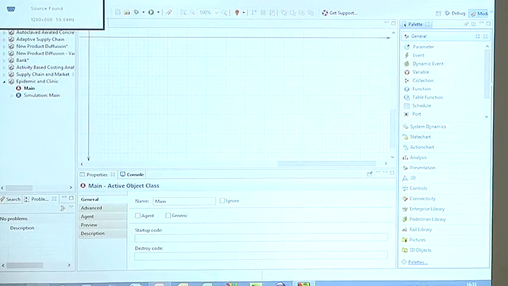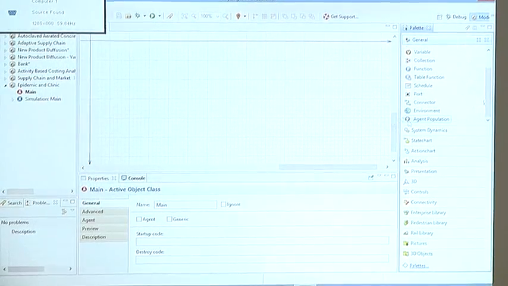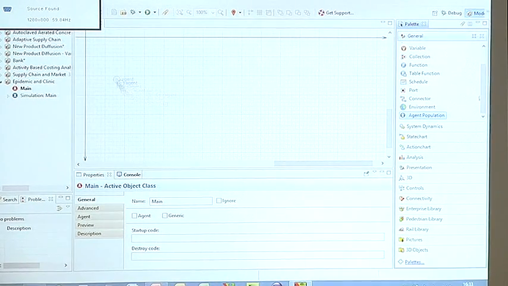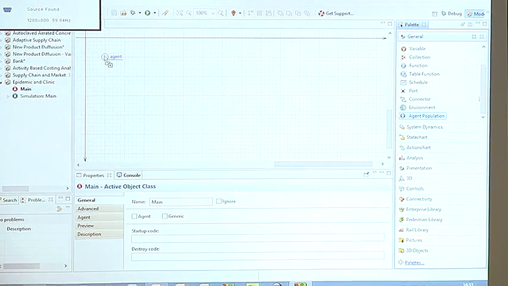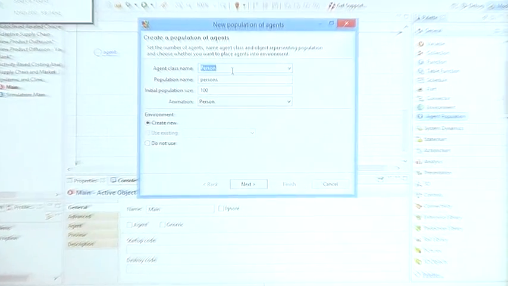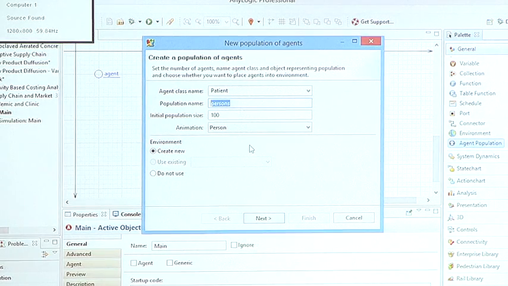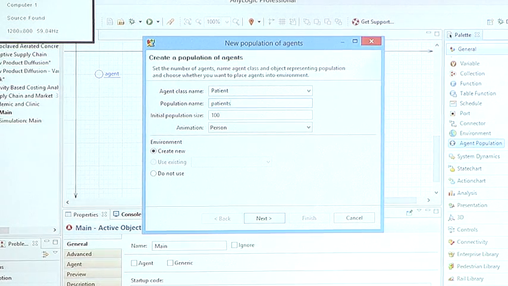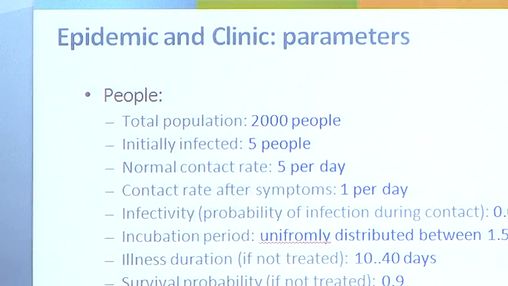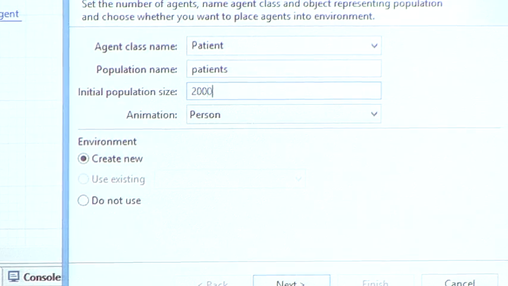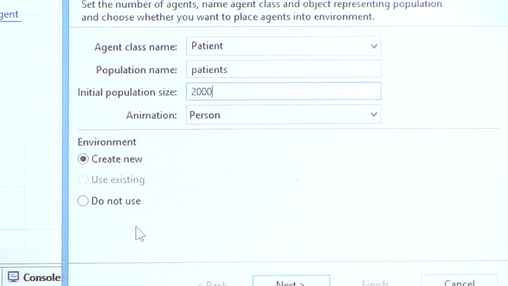And I will create agents using the agent population object or wizard. The agent class is going to have the name Patient. Population is patients. How many? 2,000 people.